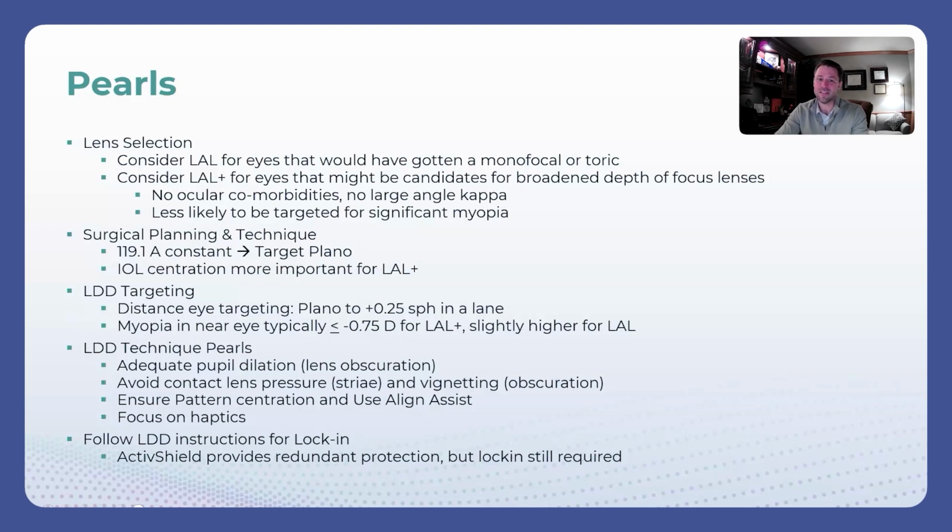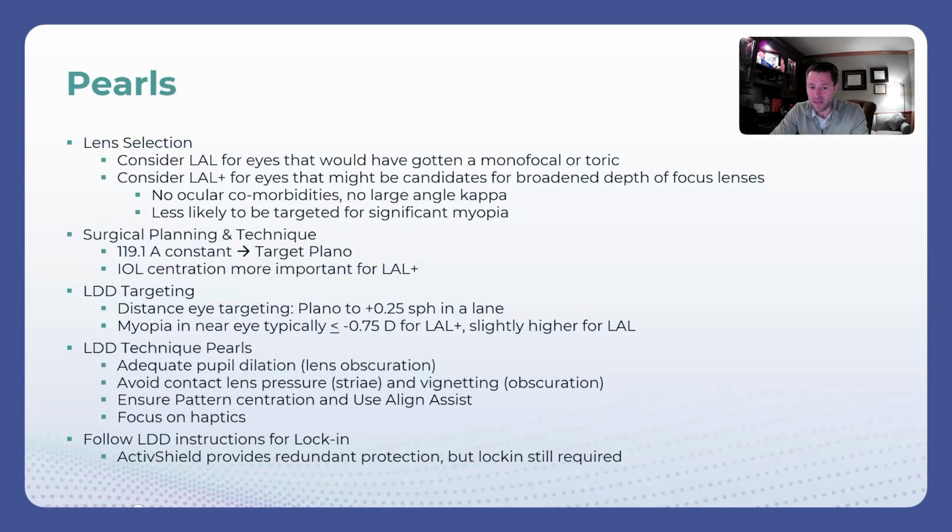They're less likely to be targeted with significant myopia. So our patients who are not extreme, they don't have a huge potential for compromise, we stick with the LAL plus for those. But eyes that do have comorbidities, macular pathology, glaucoma, significant dry eye, then we'll stick with the LAL.